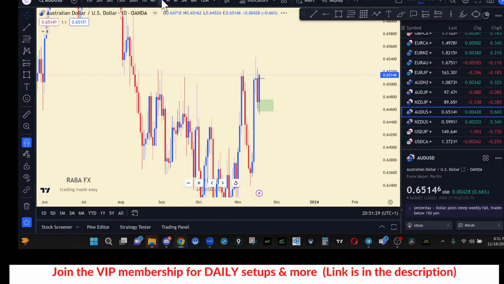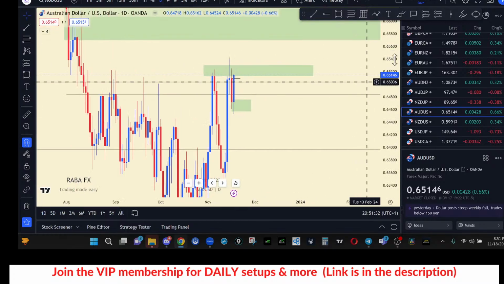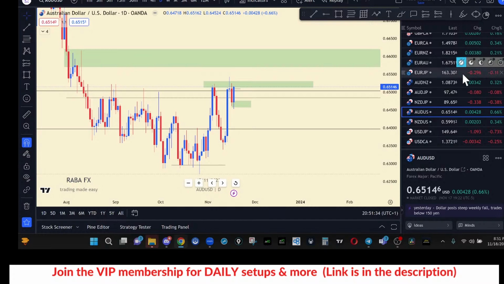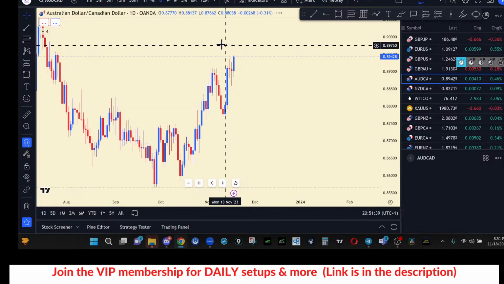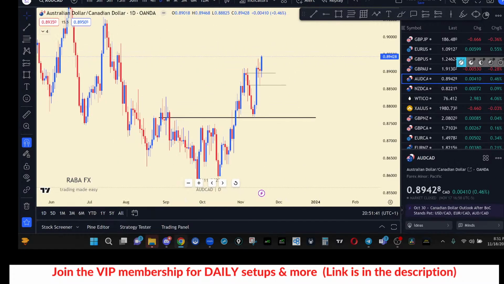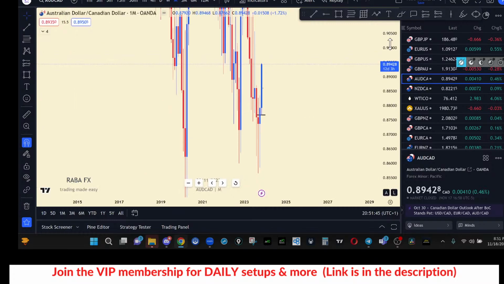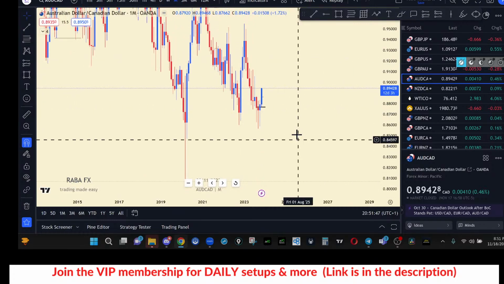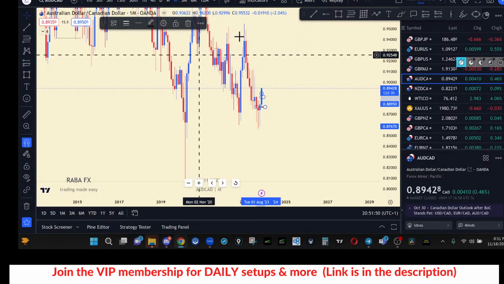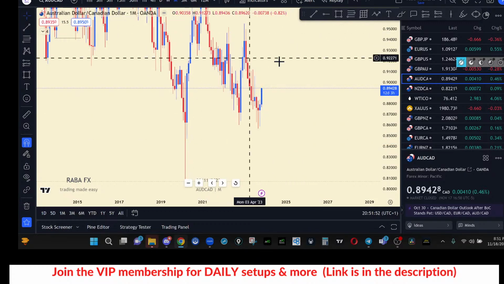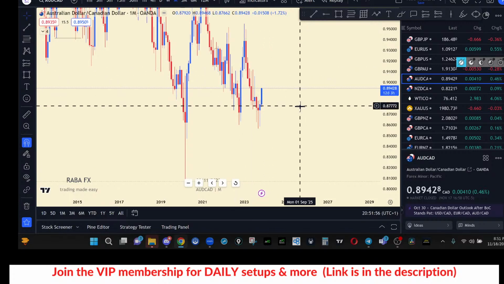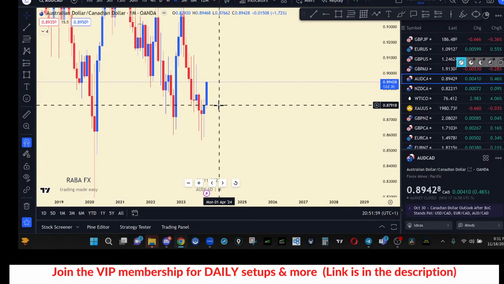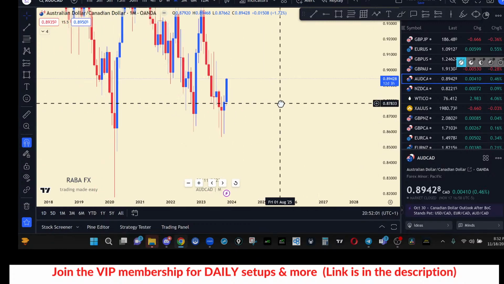Let's look at, all right, there's a particular trade we took in the VIP. We are looking at it now, so that in case they are watching, they can take note of this. So on AUD CAD, we took a sell trade, and it hit our daily support, which signals that the bearish move was over.